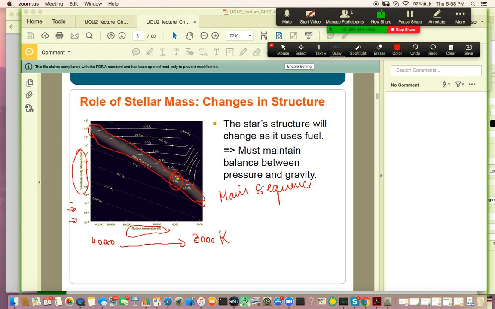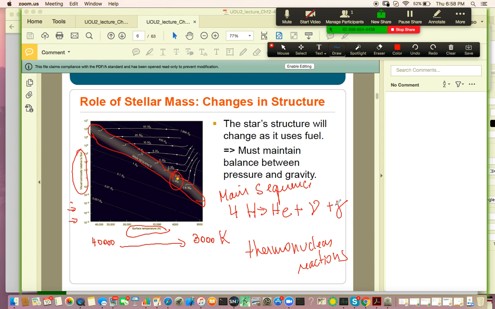And the main point with respect to the main sequence is that all the stars belonging to the main sequence are converting 4 atoms of hydrogen into 1 atom of helium as a result of thermonuclear reactions, and producing at the same time neutrinos and energy, gamma rays.